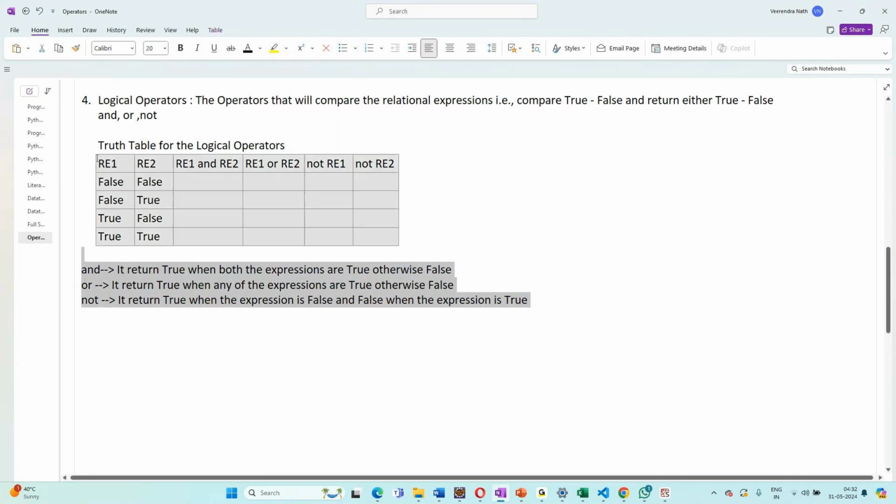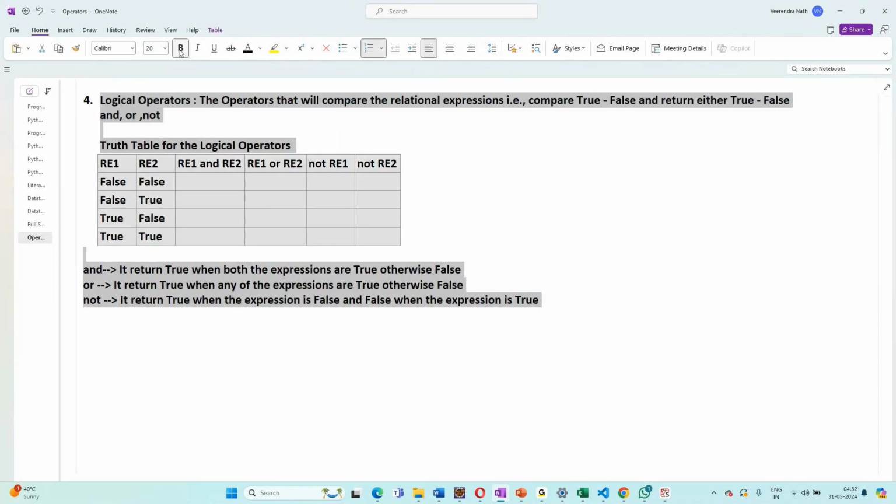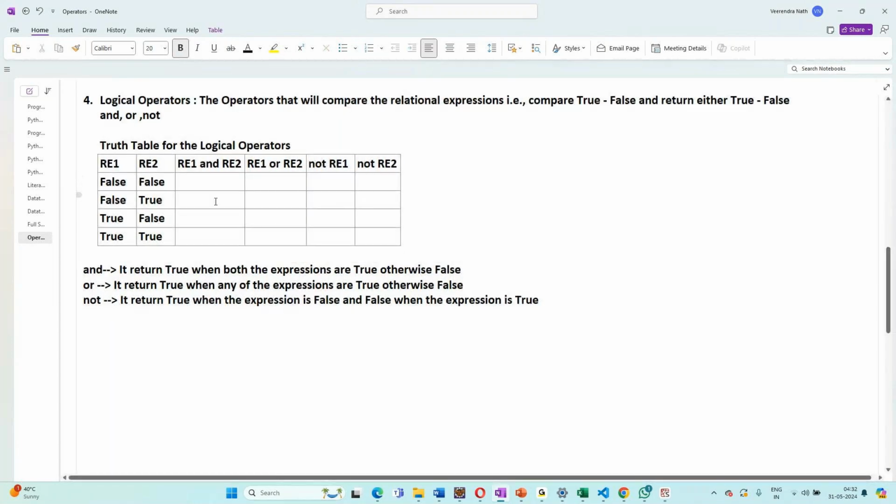So now what is the point here? Understand, we will go for true when both are true.